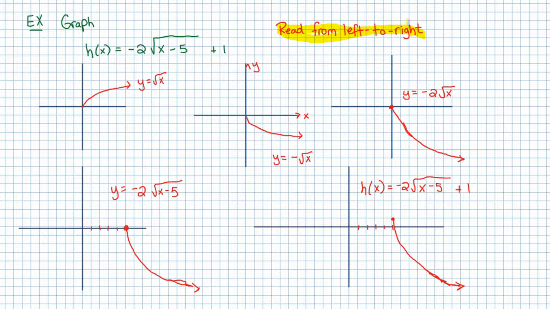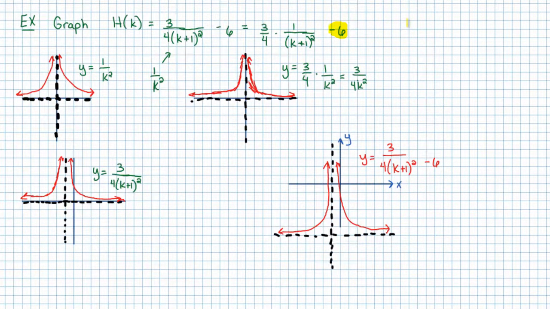Say something like, oh, okay, what's happening is it's being compressed by a factor of 3/4. It's been shifted to the left 1 unit and shifted down 6 units. Once you can say that and even write it out, then doing each of these graphs step by step is going to be a cinch.